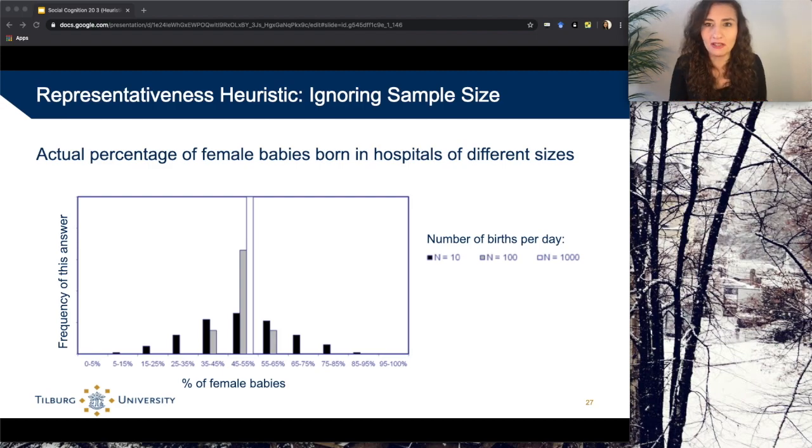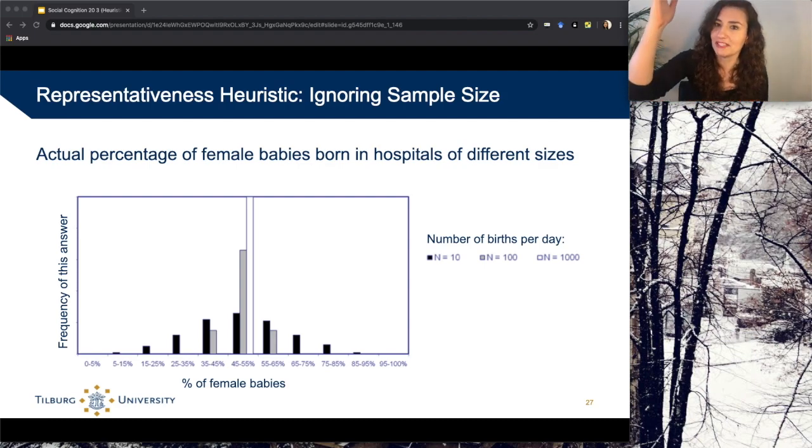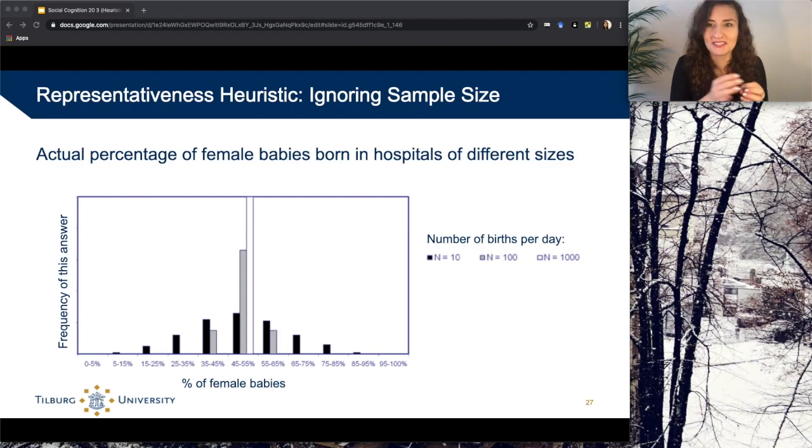It's the case because the law of large numbers indicates that as sample size increases, so between 10 and 1,000 babies, the sample statistics become less variable and should more closely estimate their corresponding population parameters. So if we have a tiny hospital with only 10 births per day, the chance that there's a fluke and all of these babies will be female in one day is actually higher than if we have a hospital with a lot of births, let's say 1,000 in a single day.